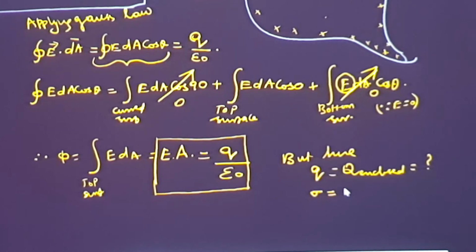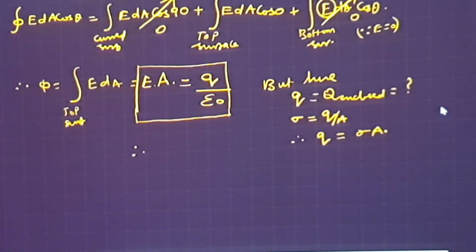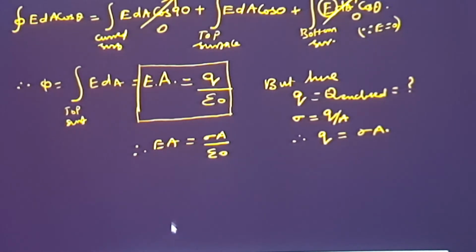Surface charge density sigma equals Q by A. Therefore, the total charge Q equals sigma into A. Substituting in this equation, EA is equal to sigma A by epsilon 0.